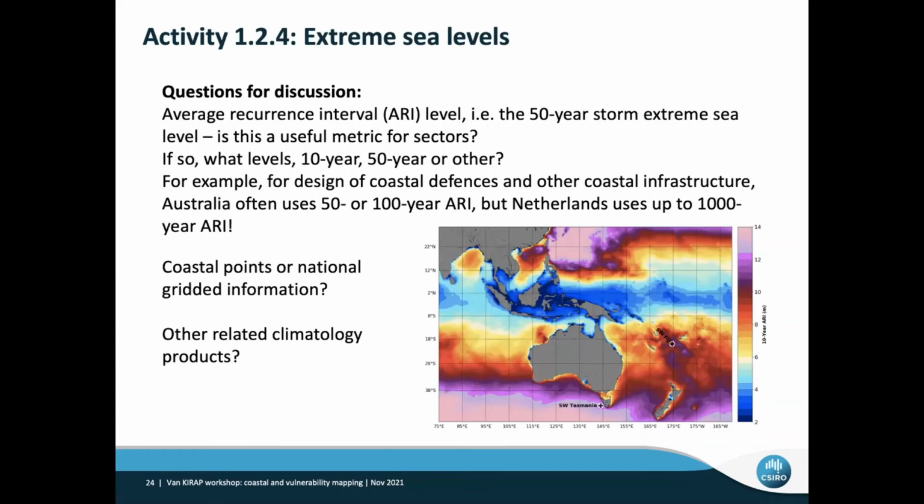I'd just like to return to those earlier questions for discussion. Our discussion period will follow this talk immediately in the agenda. I would really like to ask everyone on the line to consider if this is the most useful way to deliver the information to the project, and if so, what storm tide levels are already being used in Vanuatu.